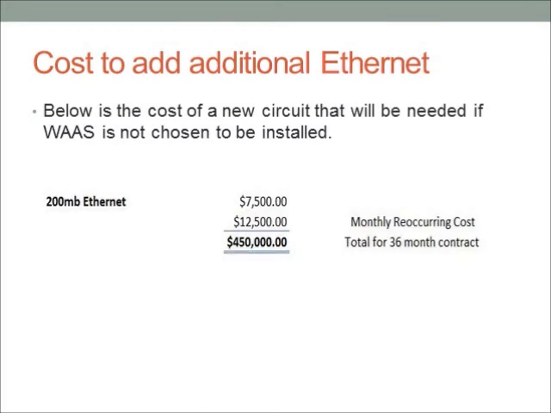So at $300,000 compared to $450,000 for 3 years for a circuit, if you went with 9 years, you're looking at roughly $1.3 million for the Ethernet circuit versus $300,000 up front for the WAS appliances, and then an ongoing maintenance of $50,000. So it'd be $400,000, about $700,000 for a total. So the cost benefit is great.